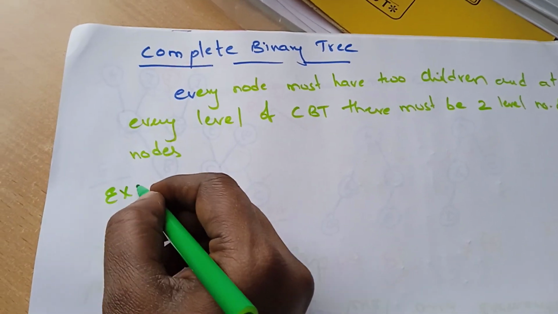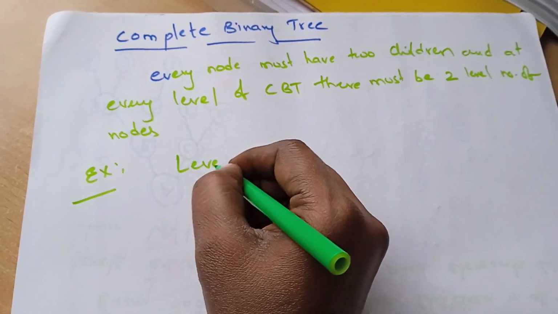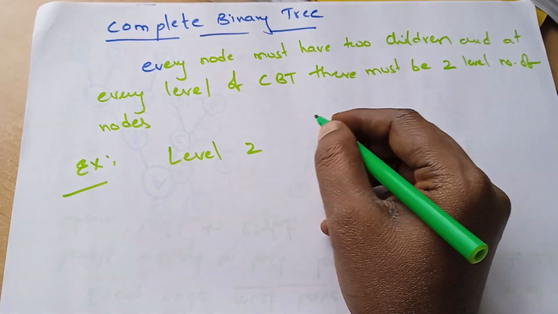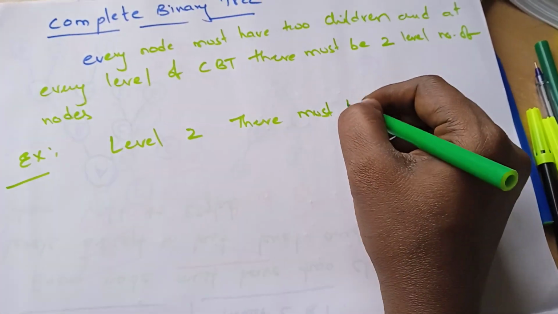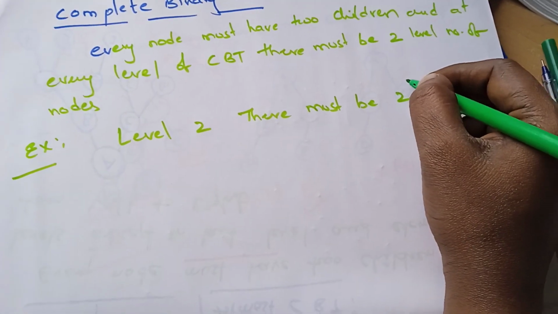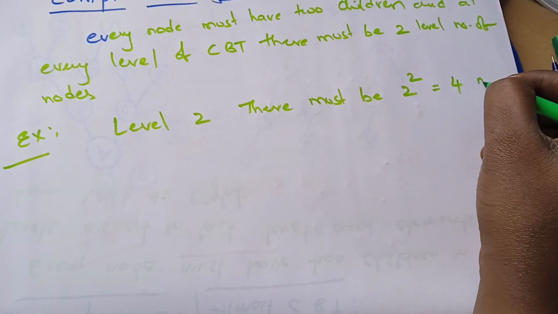For example, at level 2, there must be 2 power 2 is equal to 4 nodes.